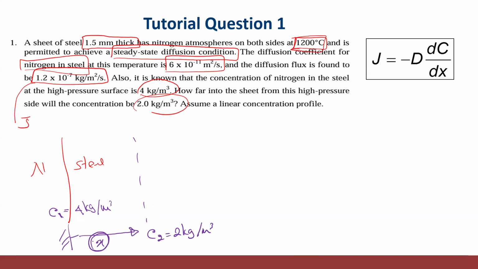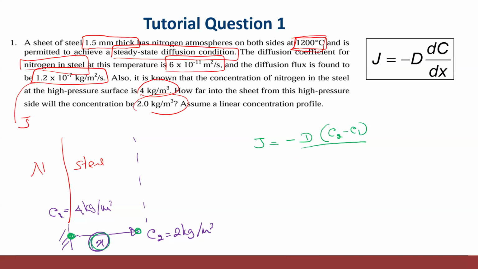Am I right? So if you consider this equation, we know everything. J is known, D is known. The change in the concentration will be C2 minus C1, and that's also known. Change in the distance, so it is going from here to here.